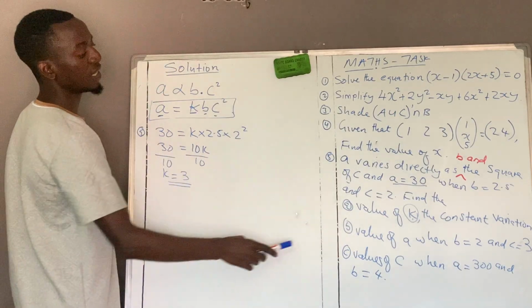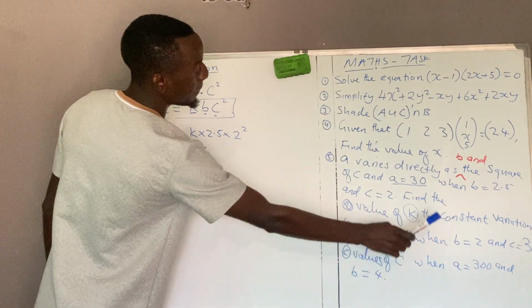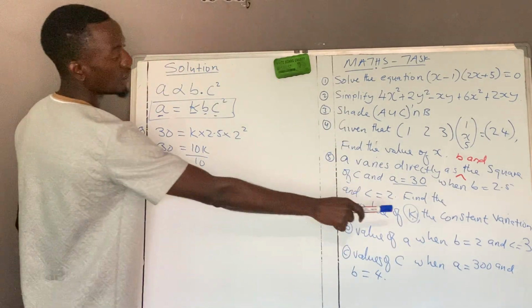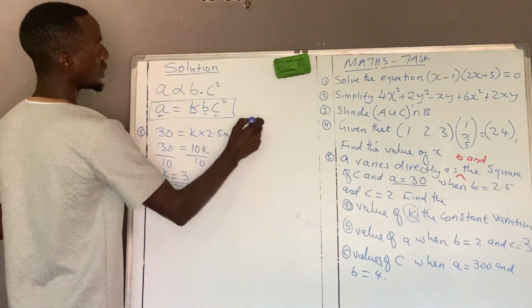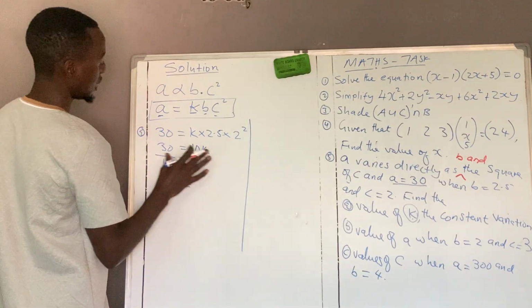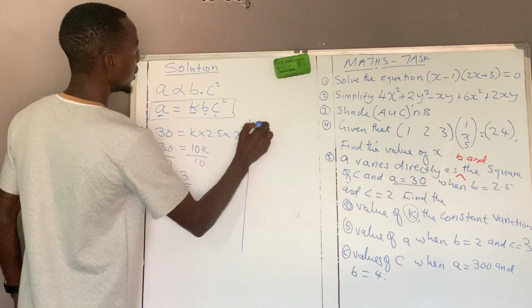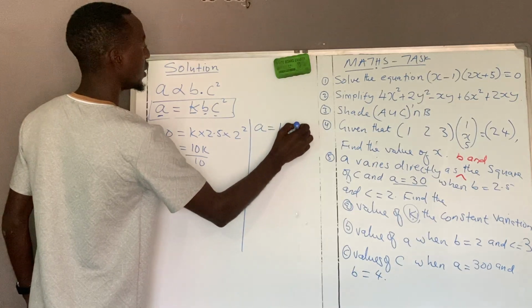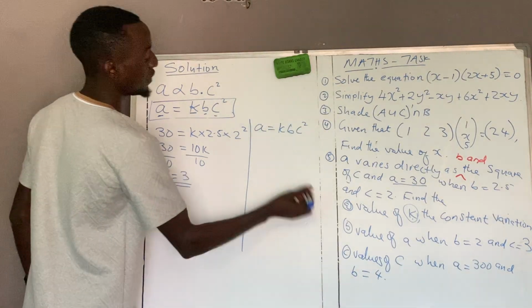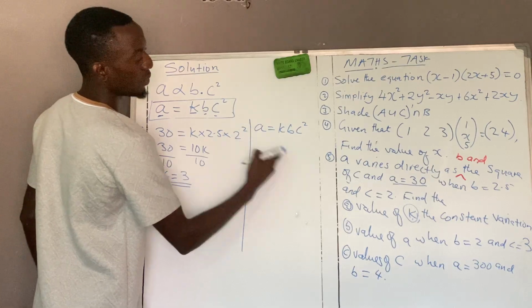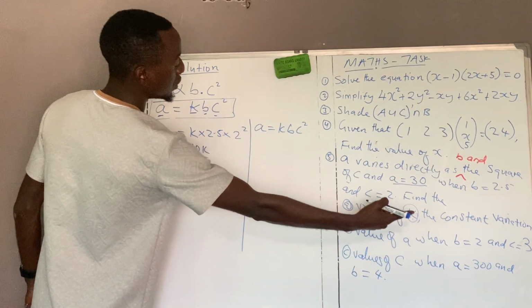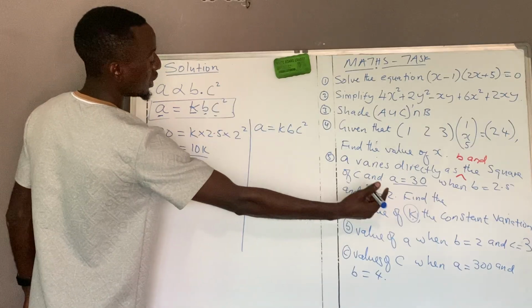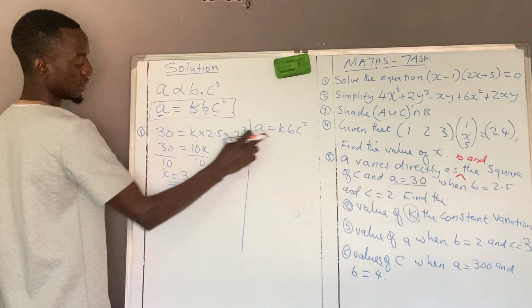Now we're supposed to find the value of A when B is 2 and C is 3. So we are going to use our equation here: A is equal to K B C squared. We are finding the value of A when B is equal to 2 and C is equal to 3. But what is our K? 3.